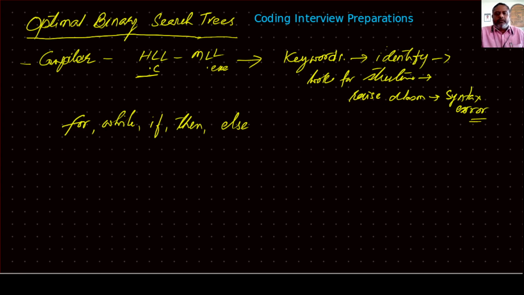So every language will have some special words called keywords, and these keywords have specific meaning. An example in C, you can say keywords like for, while, if, then, else, and so many are available.